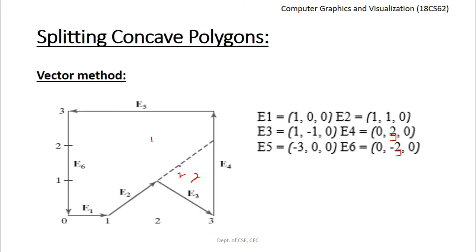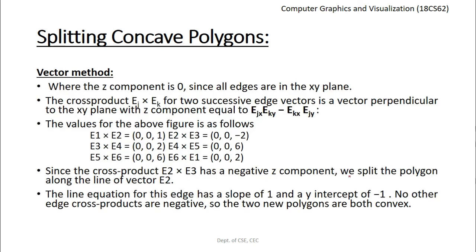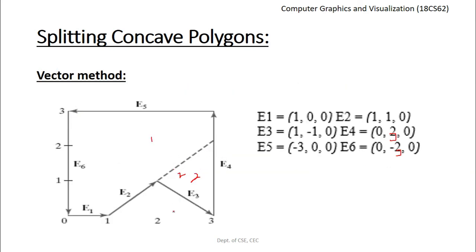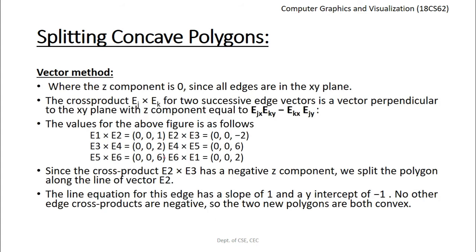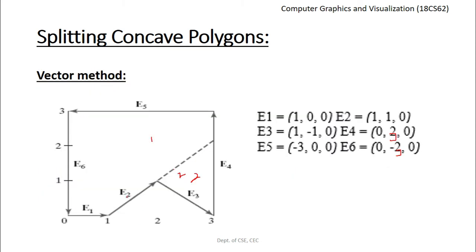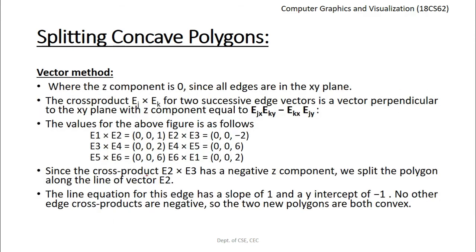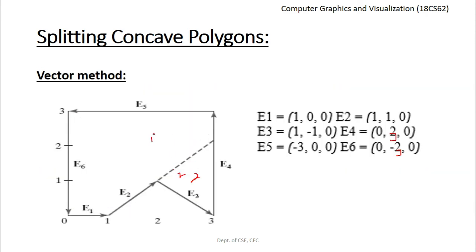If any cross product of adjacent edges has a negative z component, we extend the first edge in that cross product pair. In our example, the cross product of E2 and E3 yields a negative z component, so E2 is the first vector in this pair, and we extend the edge E2 in order to split this polygon into two polygons. That is the vector method for splitting a concave polygon into a bunch of convex polygons.